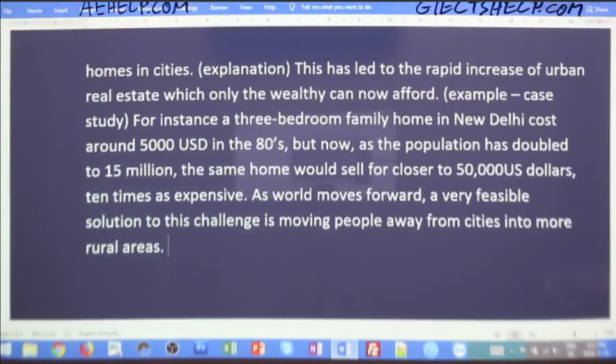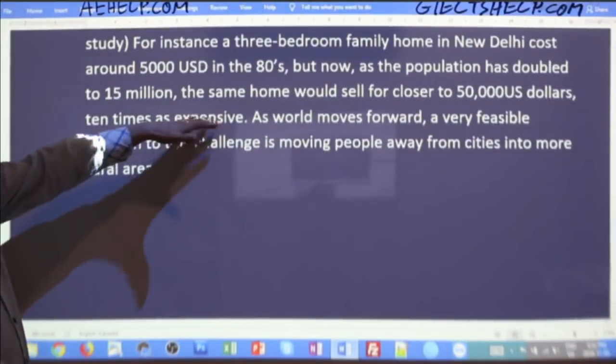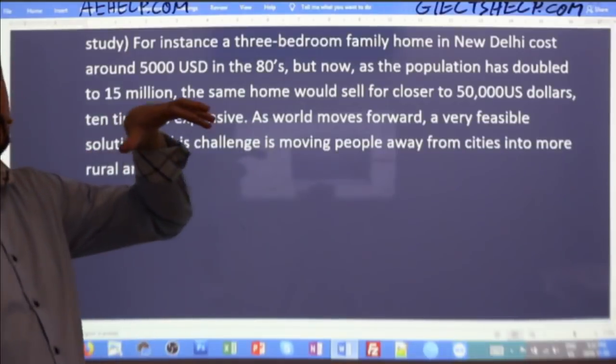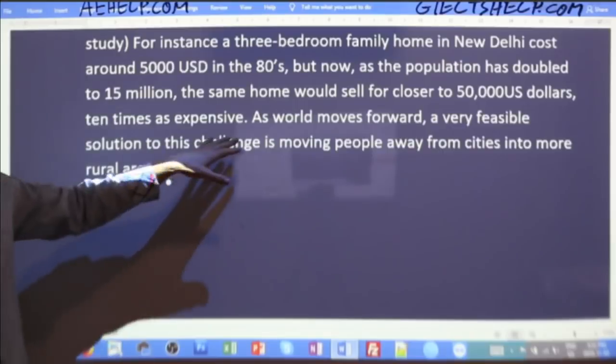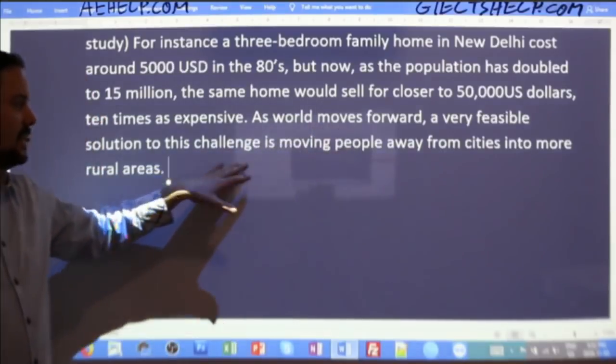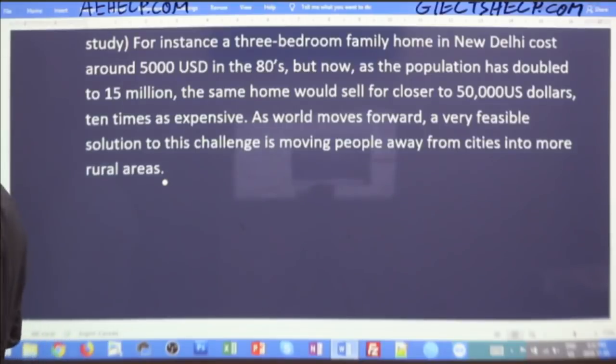So that would be the solution coming up. And then it's the same thing. It's kind of like another topic sentence. It's kind of like two small body paragraphs squeezed together. So here, what's the solution? Get people out of the city, get them into more rural areas where land is cheap.